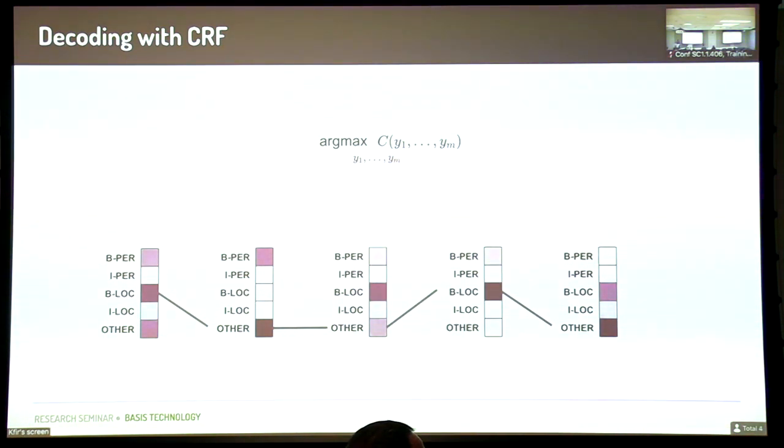You can use Viterbi, a dynamic programming algorithm, to do that. It works pretty well and improves results by a few points. But it also adds more complication to the model, so prediction takes more time now. Viterbi is O of n to the third or something, so it adds more complexity.